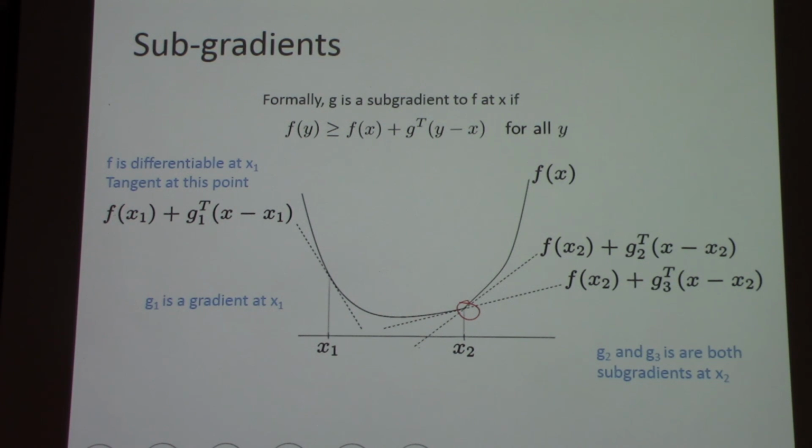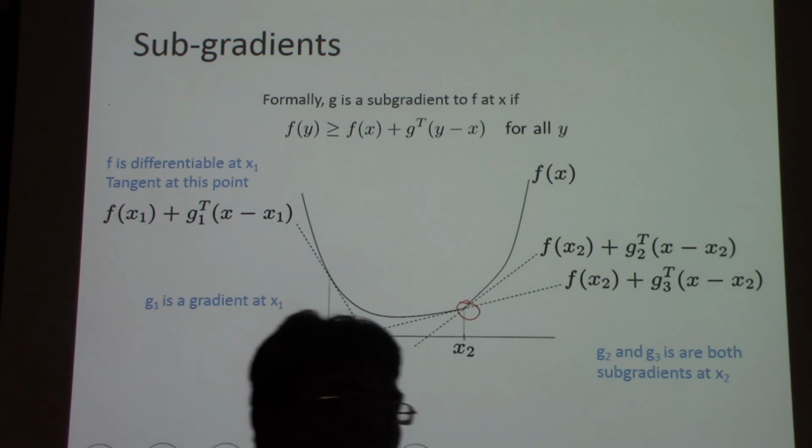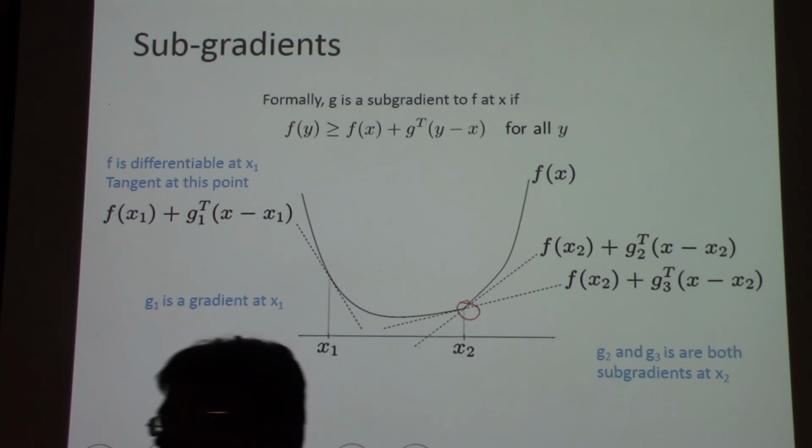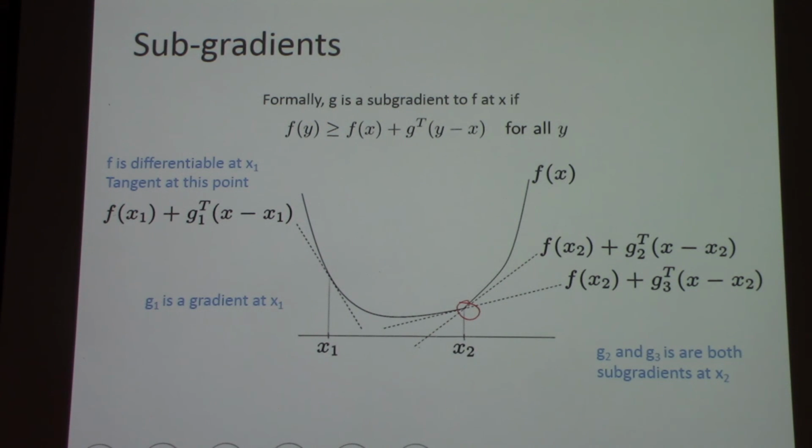It's a set containing one element, namely the gradient itself. At points that are not differentiable, you try to find lines that lie below the function and touch the function at that point. So in this case, at this point x2, there are many such lines. Here this picture just shows two of them, but I can draw more. The slope of any of those lines is a subgradient.